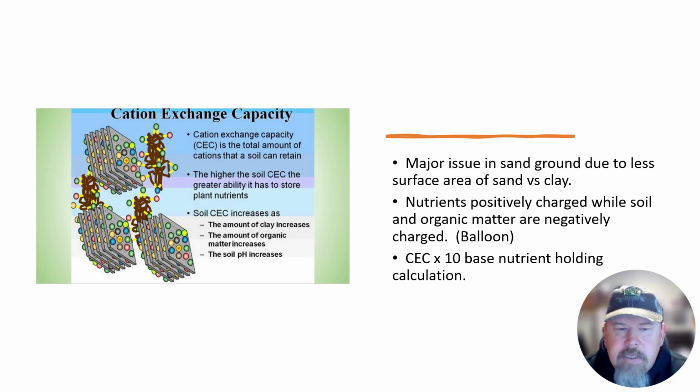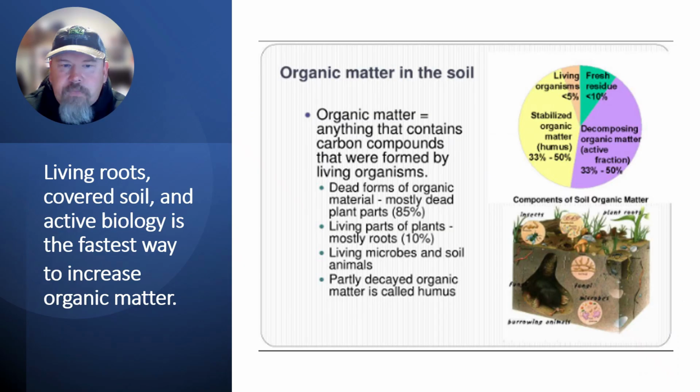So there are situations out there where we are applying fertilizer to soil and getting very little return on our investment because our pH and our CEC are neither one in an area that allows us to use those nutrients that we are adding to the soil.